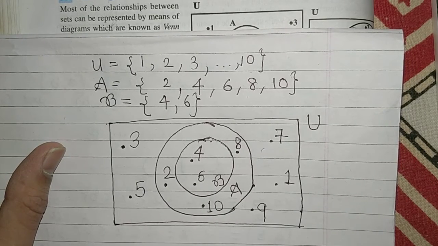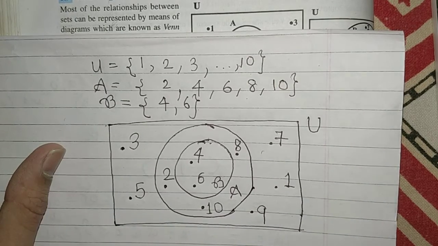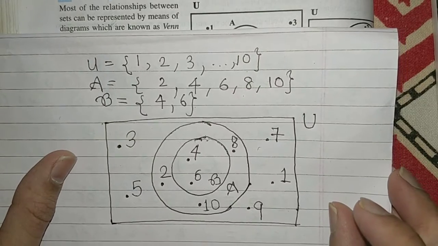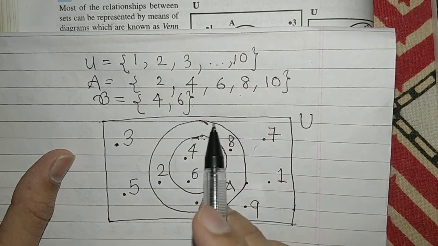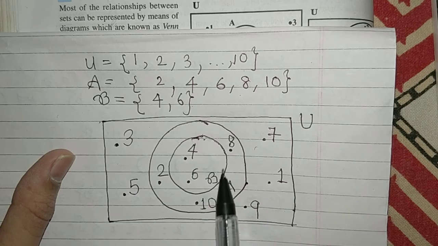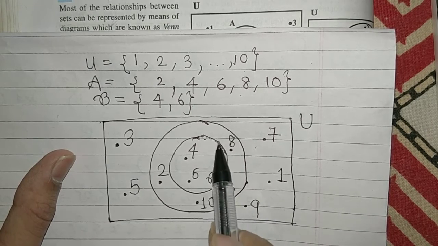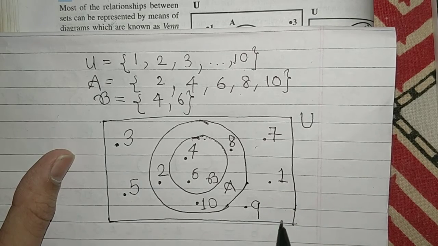This is how you have to draw the Venn diagram for the sets U, A and B. We have drawn the set A as a circle, and the set B, which was a subset, you have drawn inside the circle A, and the universal set you have drawn as a rectangle.